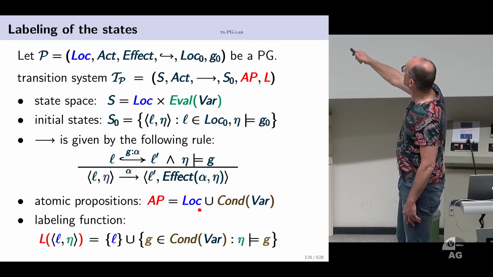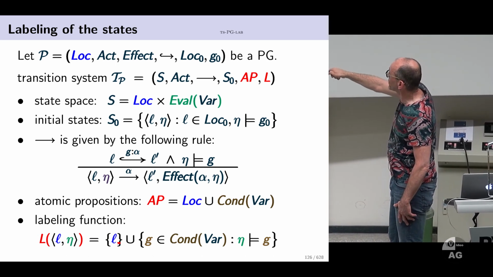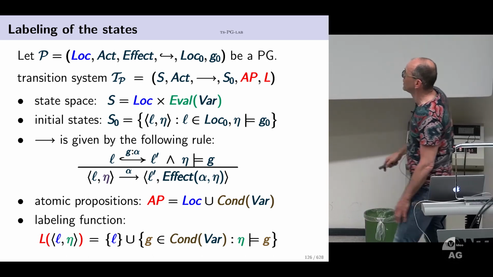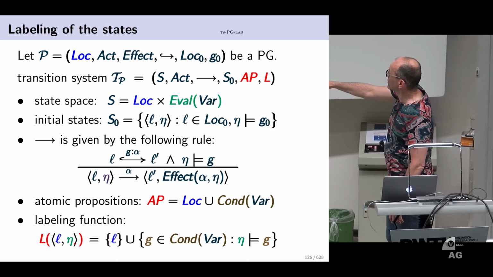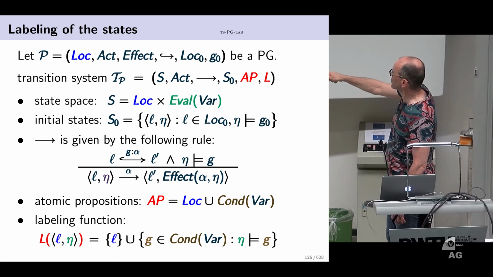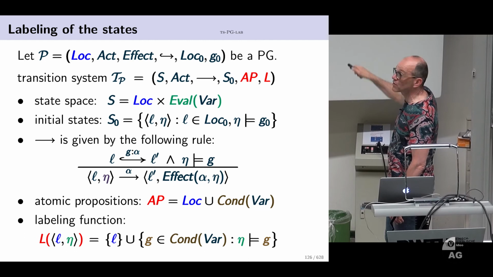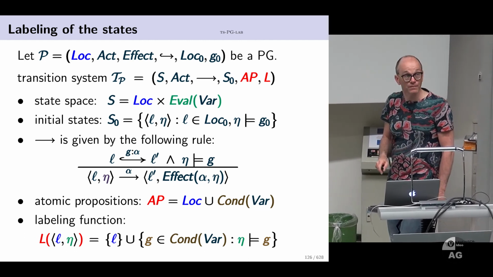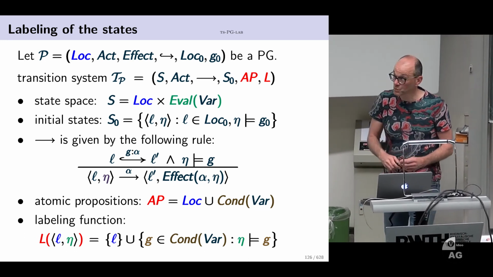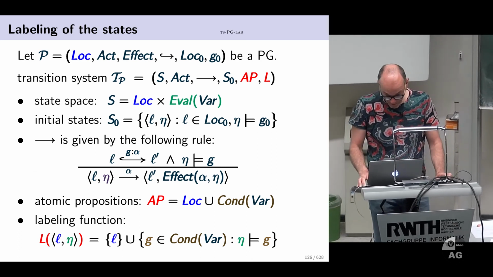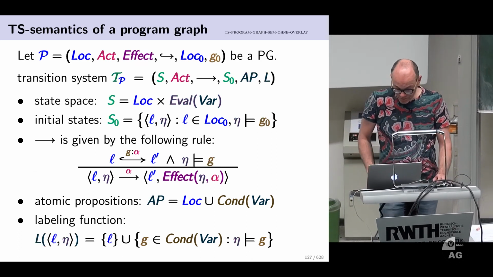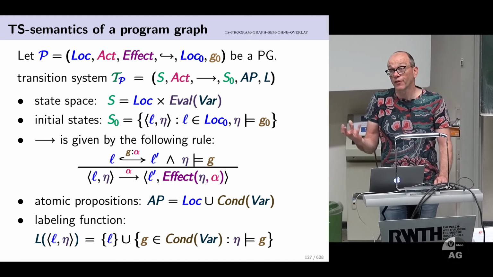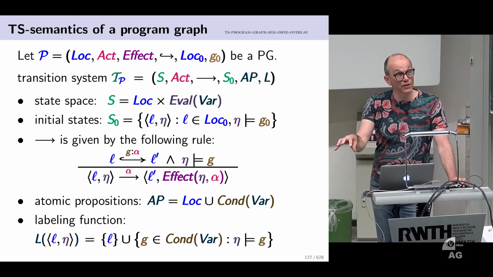In order to say in which location you are, you say this is the location we are in, namely the first component. What do we know about the valuation? We can take any conditions such that the current valuation satisfies this condition. Good, and that's it. This defines for every program graph the underlying transition system.